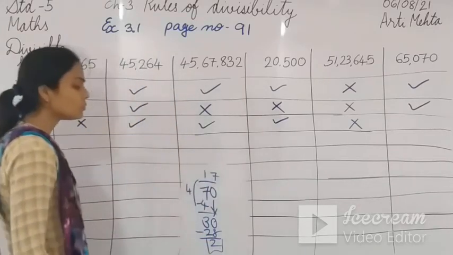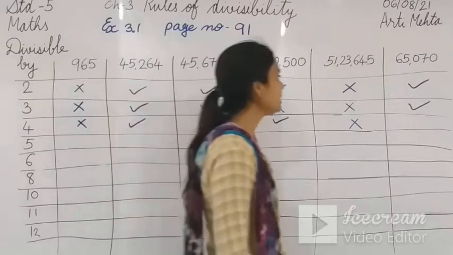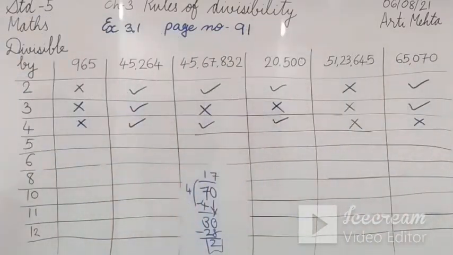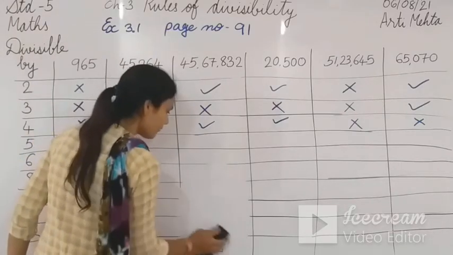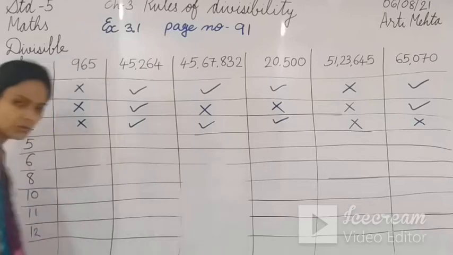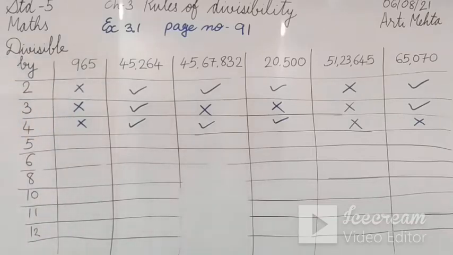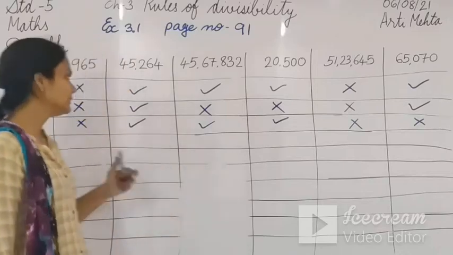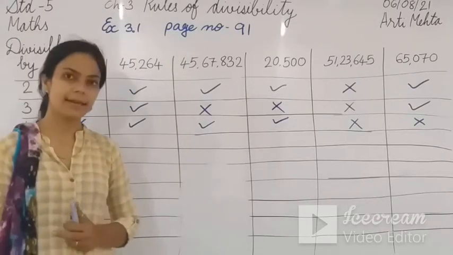Remainder is 2. Okay, so we can't divide 70 by 4. So this number is not divisible by 4. Okay, ये हुई 4 की divisibility. Okay, if the last two digits can be divided by 4, then the whole number is divisible by 4.